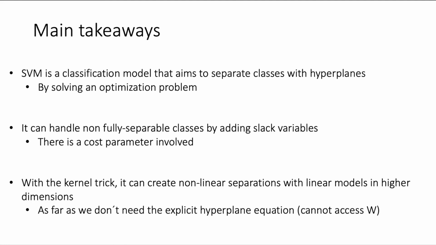With the kernel trick, support vector machines can create nonlinear separations just by using linear models in higher dimensions. But recall that this holds as long as we don't need explicitly the equation of the hyperplane, because we cannot access w, since it needs the explicit version of the vector represented in the high dimension.